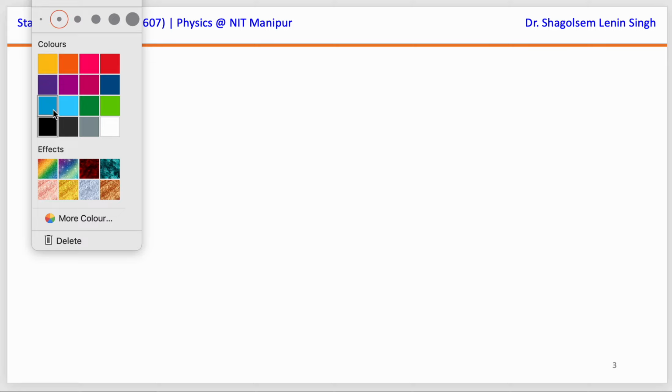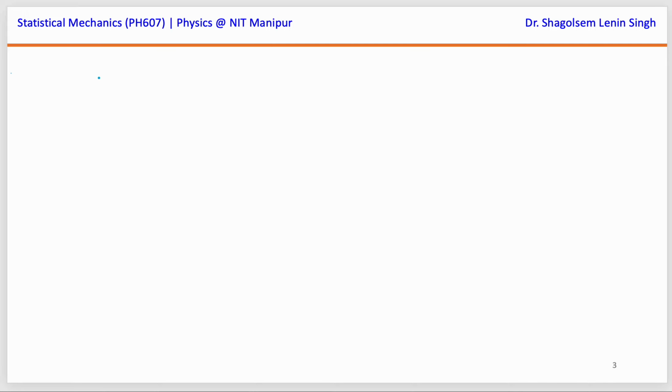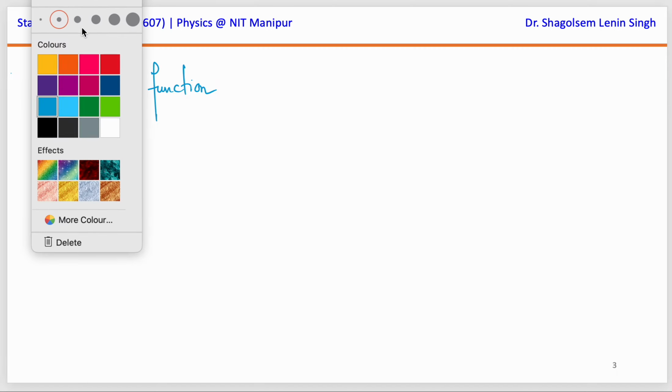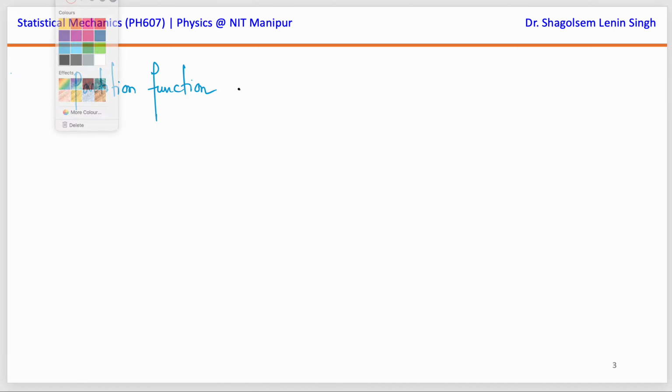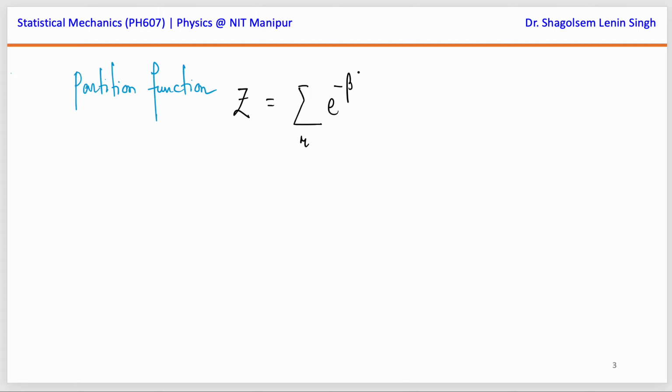Okay, let's start with the partition function. So what is the partition function? Z is written as the summation over r of e to the minus beta E_r.